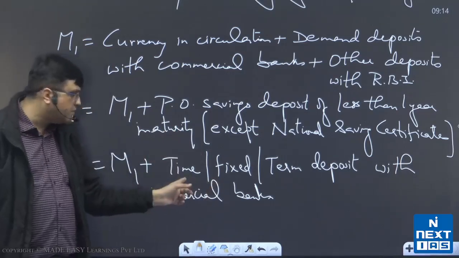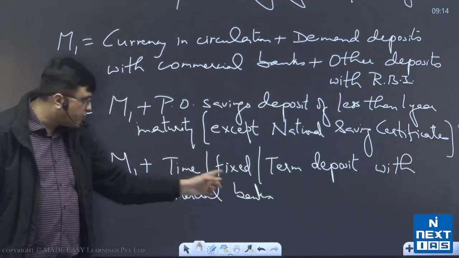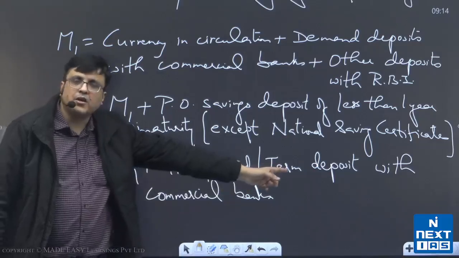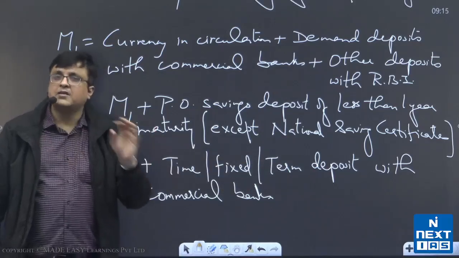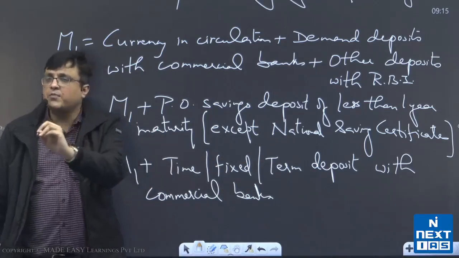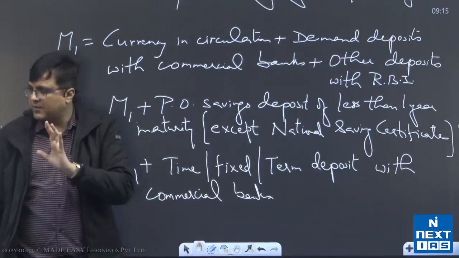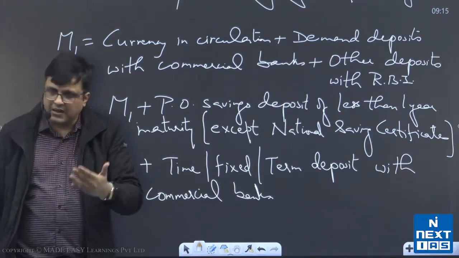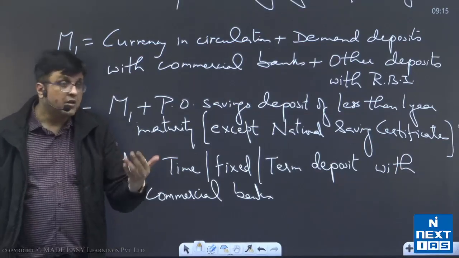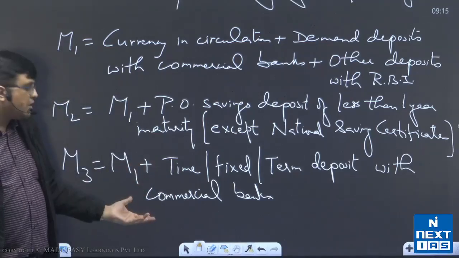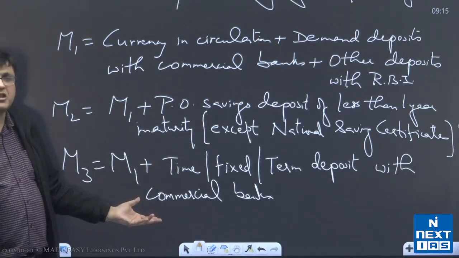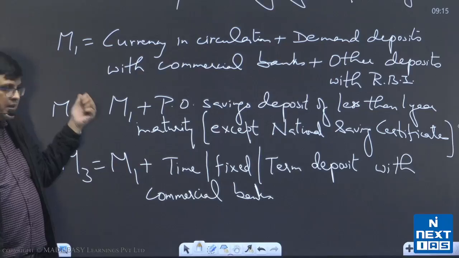So whether you see the term used as time deposit or fixed deposit or term deposit, they all mean the same. That is that deposit which cannot be freely withdrawn from the bank. All right, they are called term, time or fixed deposit. Now, all those fixed deposits which are with the commercial bank plus M1 will give me M3.